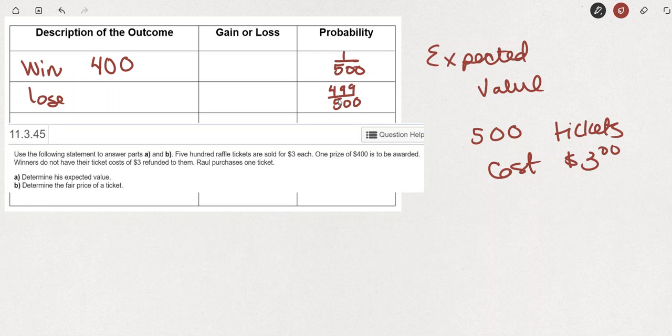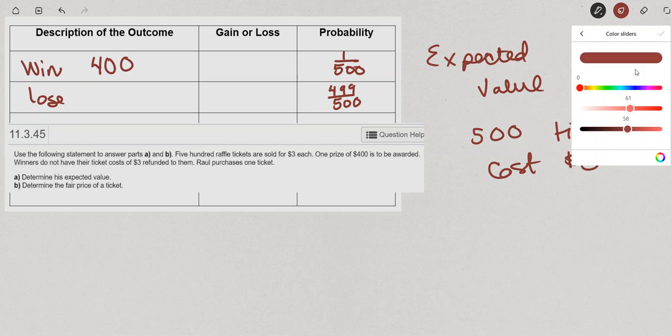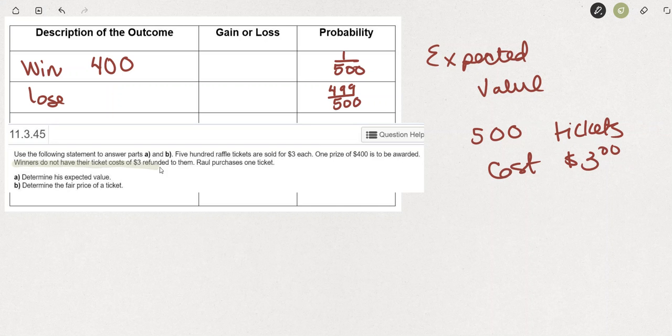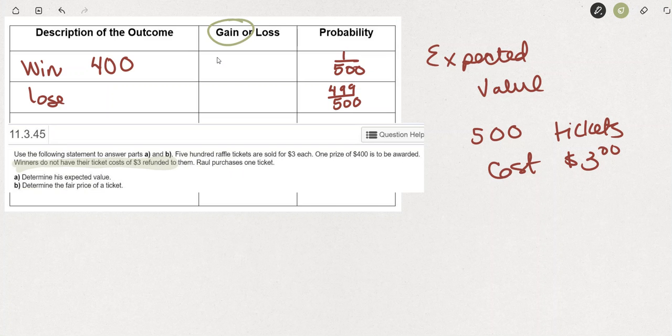Here's the catch. We read here that whether you win or lose, your ticket cost, the $3, is not refunded. So what you have to notice here is that when you win $400, your gain is actually 400 minus that 3, or $397.